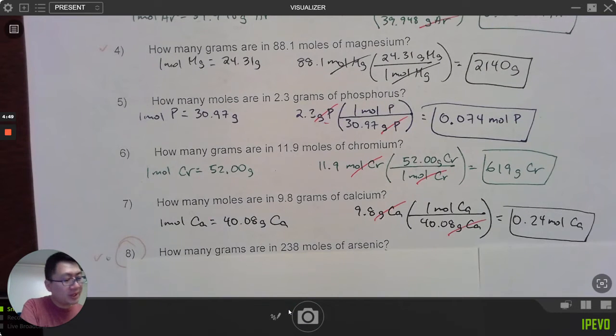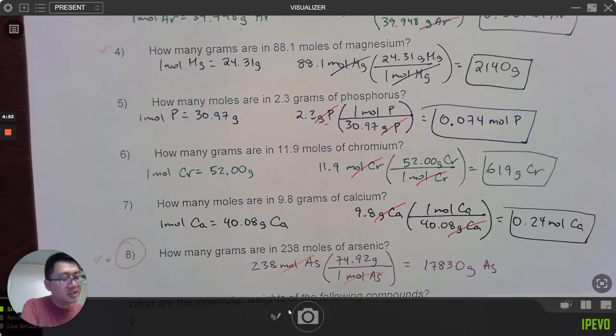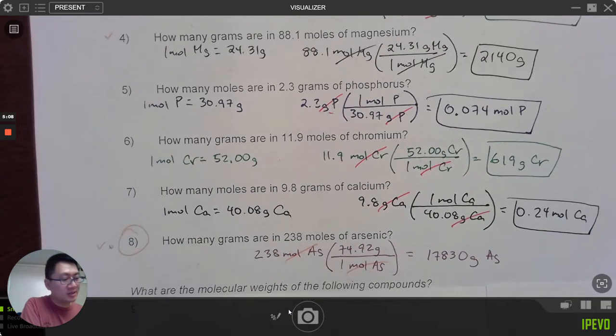What's the answer for number 8? You should have gotten 17,830 grams. Technically it should be 3 sig figs, so I probably should round it to 17,800. Again, I didn't round that one correctly in terms of sig figs, but you get the point.